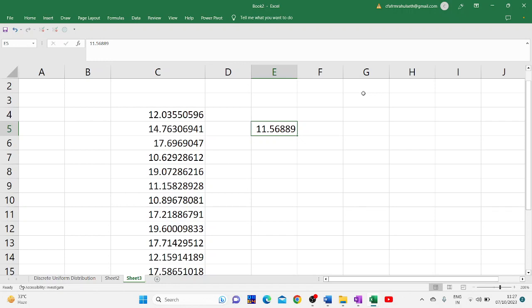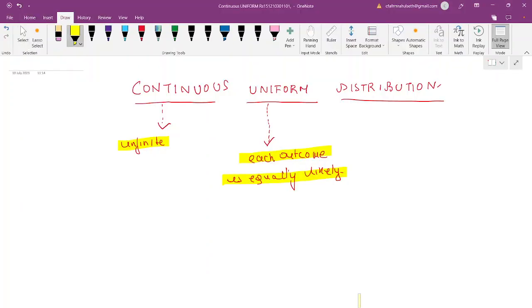So what we do is we measure probability within a range. So let's create a range. Say the upper bound of this range is 20, lower bound is 10, because by using this RAND function I am generating random numbers between 10 and 20. So let's create 10 intervals with a width of 1.